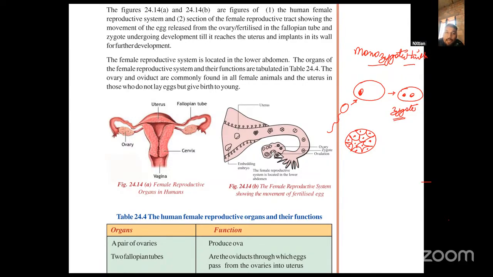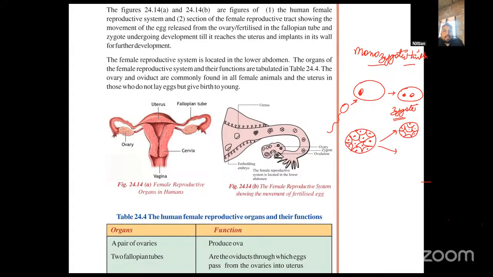What I'm trying to say is that intracellular division means the division that occurs in the cell. So in the intracellular division which happens in monozygotic twins, the cell sometimes accidentally takes extracellular division also, like this.